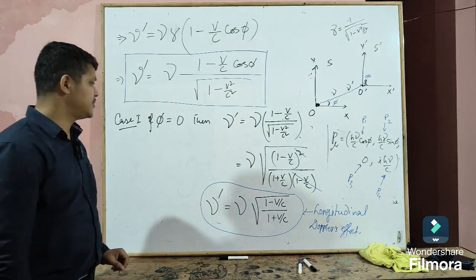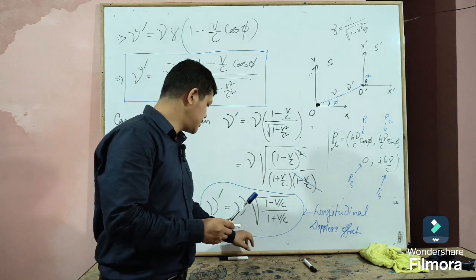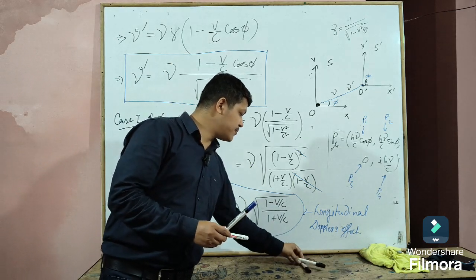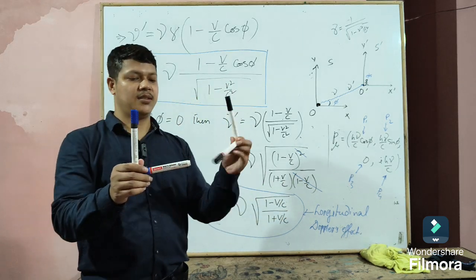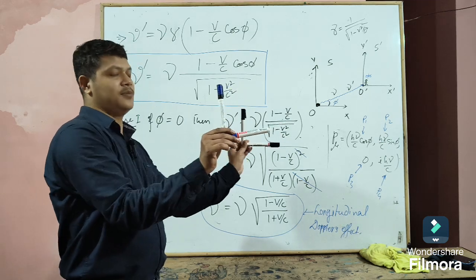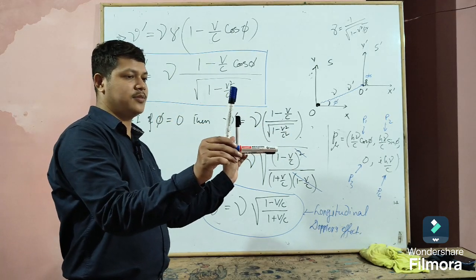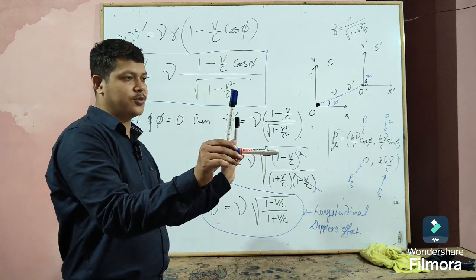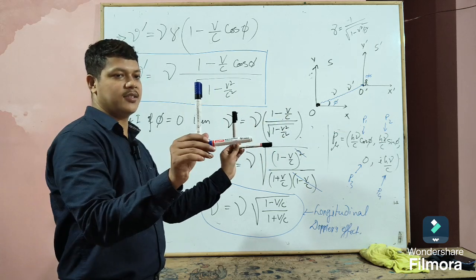Now what if these two are in parallel planes? Let me take it this way, they are in parallel planes. Here in this frame we have the observer, and here we have the source. They're at the same level, and this is moving in this way, right?